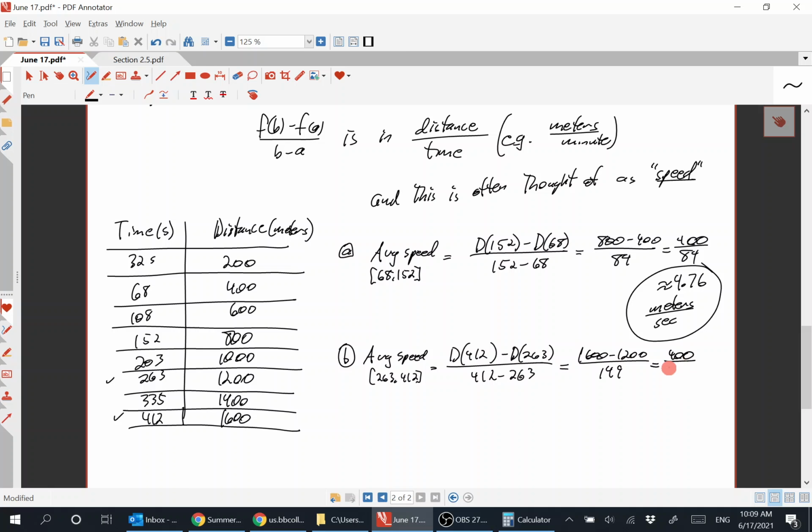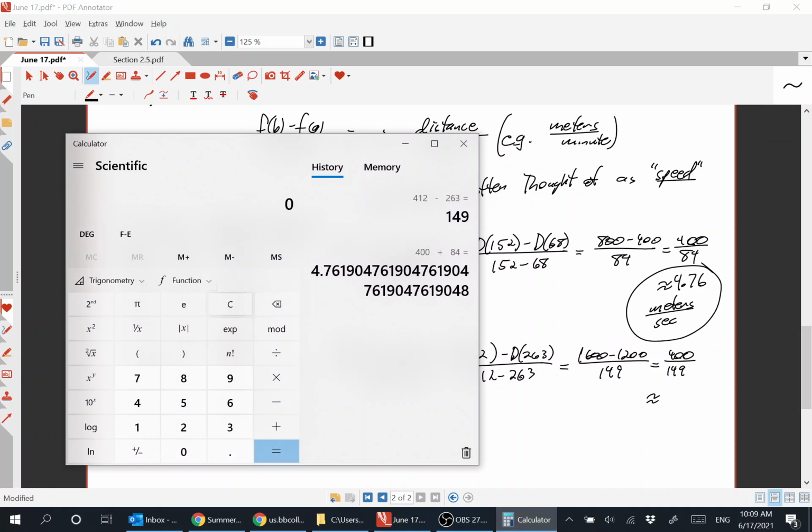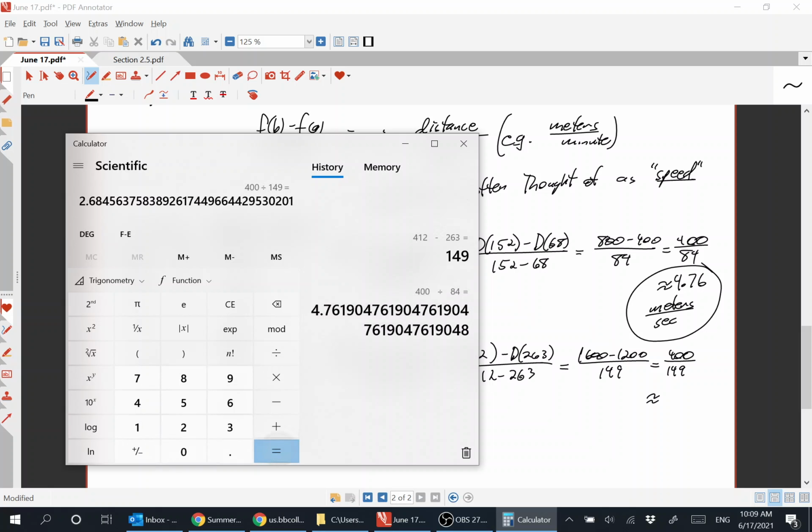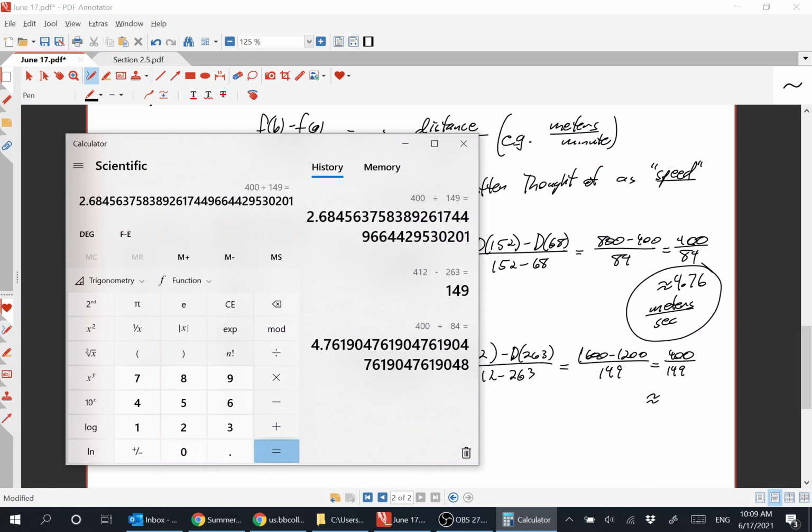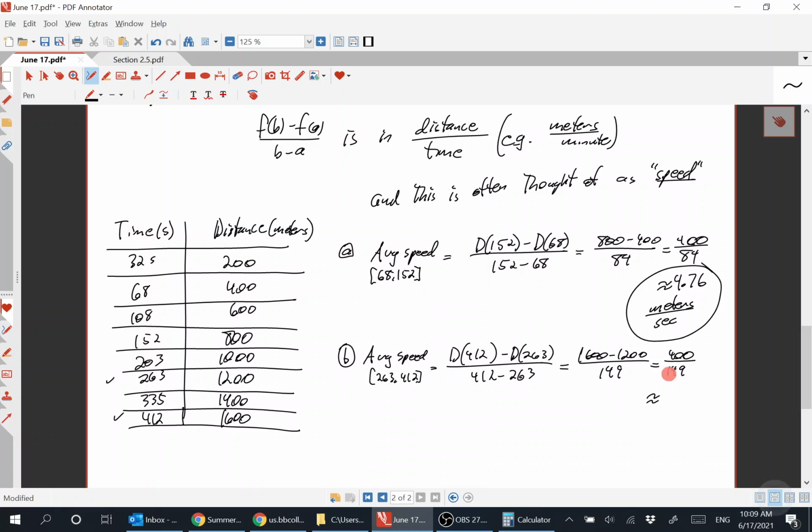So 400 over 149, which is approximately 2.68 meters per second. So over these two laps, over these 400 meters, he's going quite a bit slower than he was before.